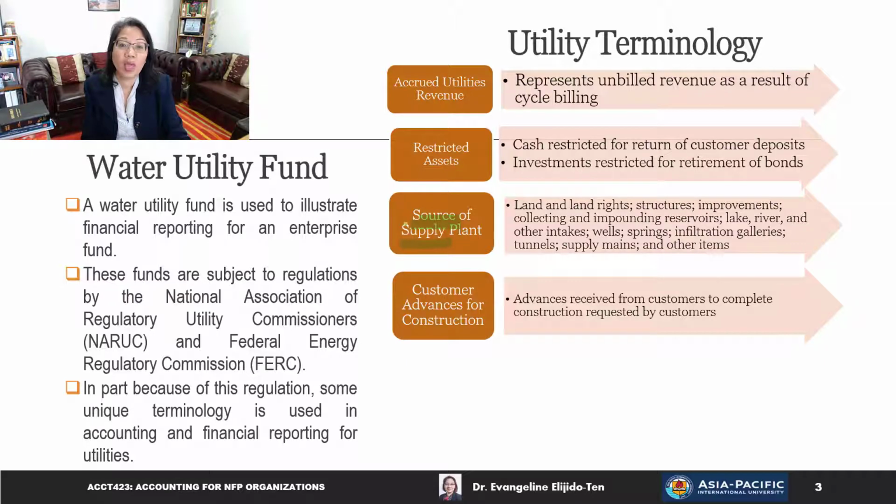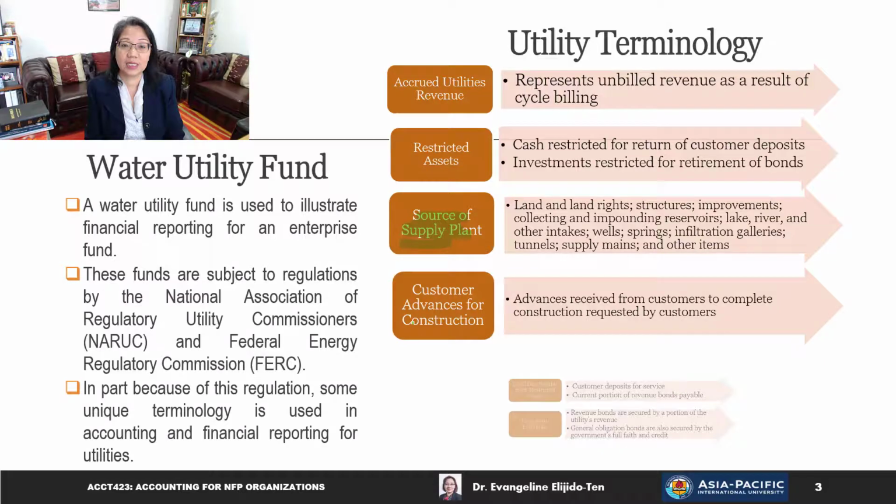For example, wells, springs, infiltration galleries, tunnels, as well as supply mains and other items. So these are the main sources of the water that this fund will be referring to. Customer advances for construction are advances received from customers to complete the construction requested by customers. So you will see these terms being used in accounting for the water utility fund.